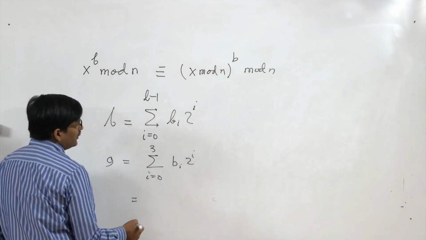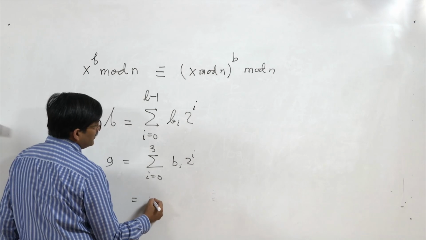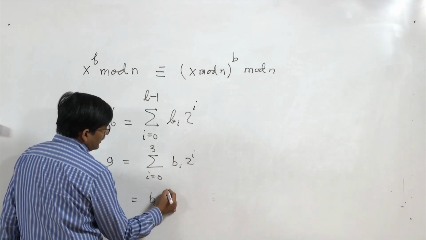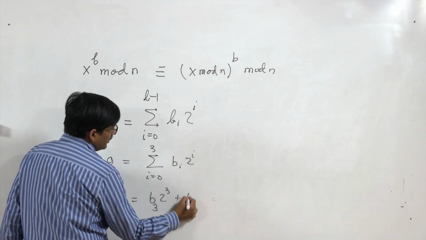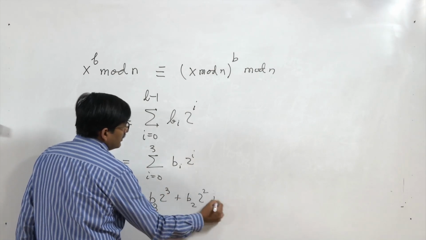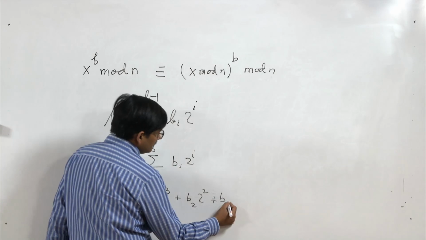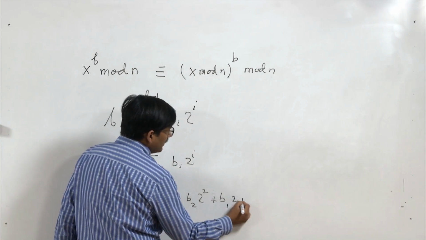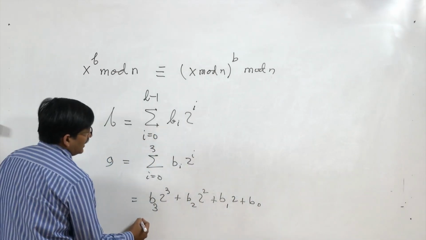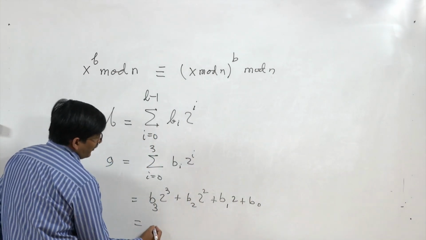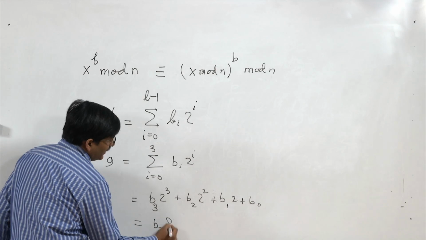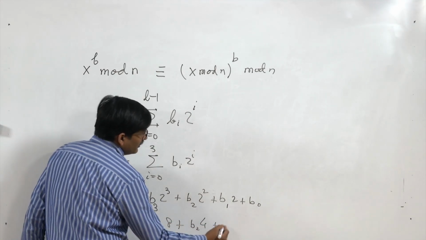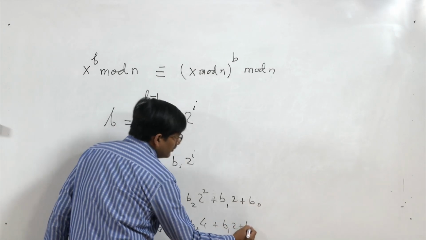Let us find the Bi's. It is going to be B3 2 cube plus B2 2 square plus B1 2 plus B0, where this is B3 into 8, B2 into 4, B1 into 2 plus B0.